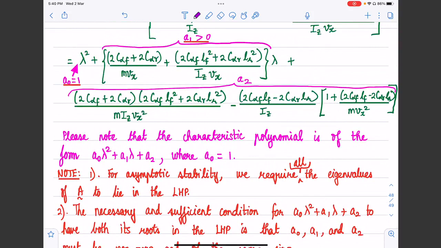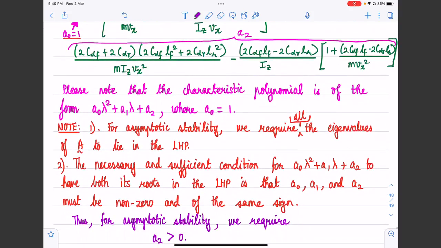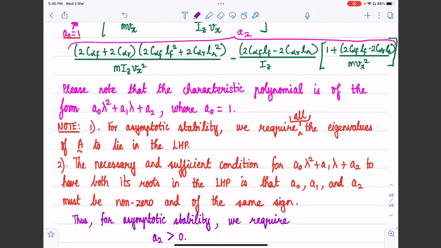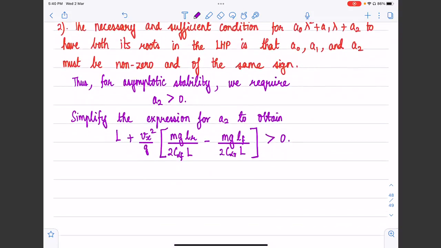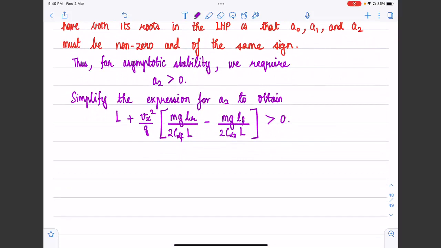For asymptotic stability, we require a0, a1, a2, all three to be non-zero and of the same sign. And we already know that a0 is plus 1. A1 is anyway positive. So A2 should be positive for asymptotic stability. So I am asking you to simplify A2 greater than 0 to get this condition. You can do this as an optional exercise.